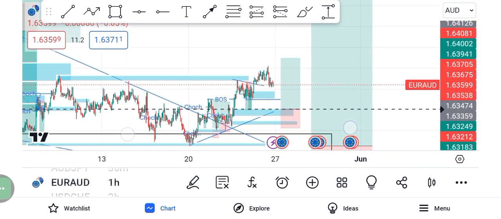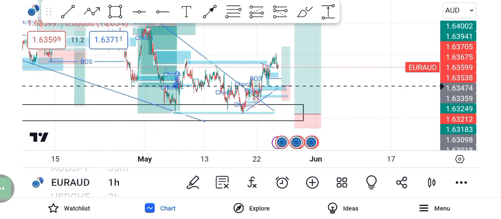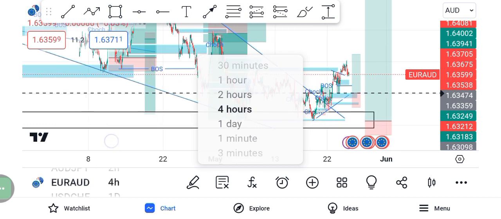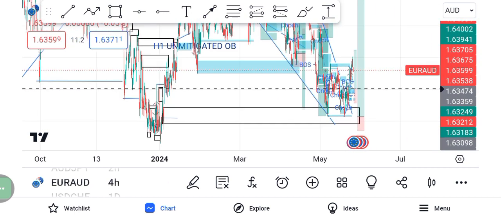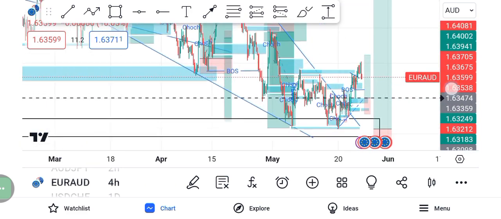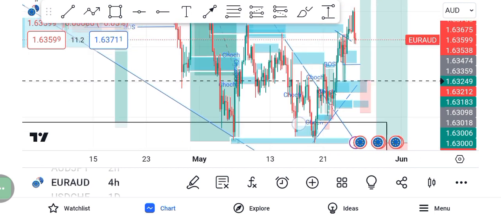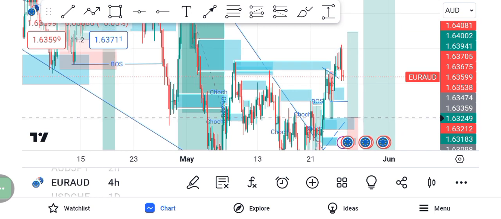Another trade I'm earnestly waiting on is EURAUD. EURAUD on 4 hours time frame came to this demand level. You can see it came nicely to this demand level, and it rallied up, pulled back again, then we have a rally up, breaking this high.